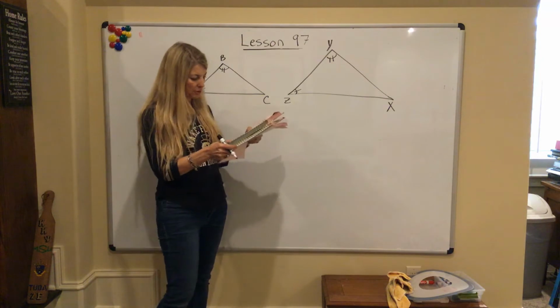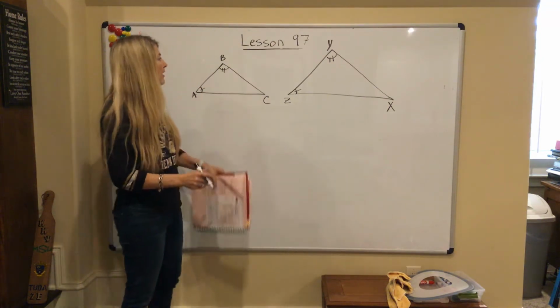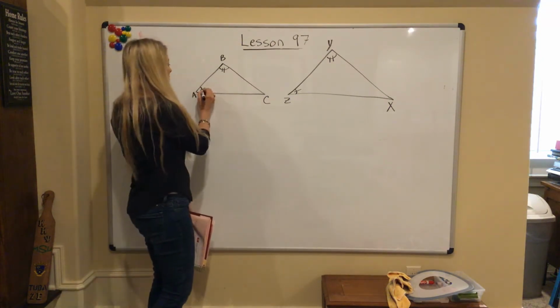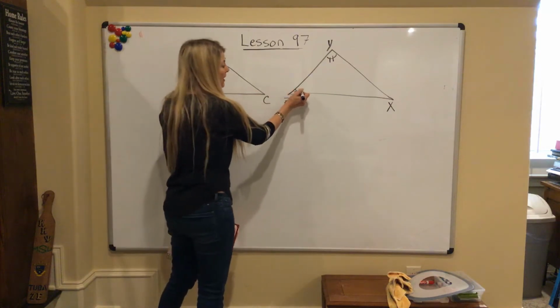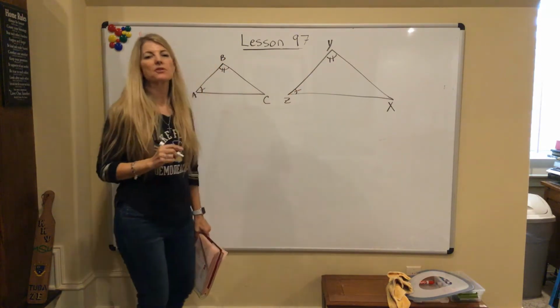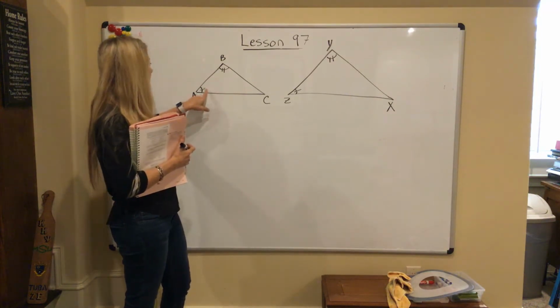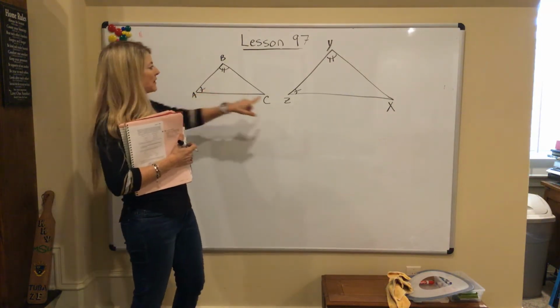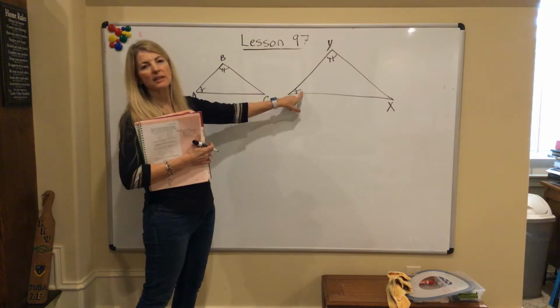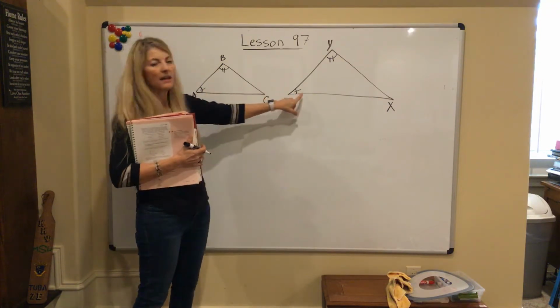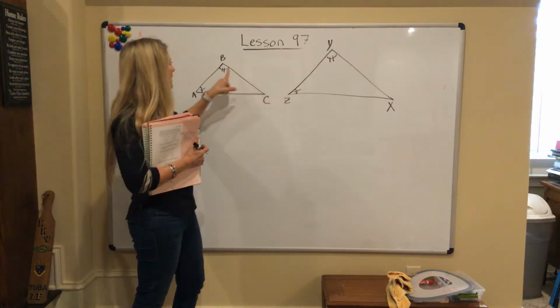First thing with similar triangles, we often use tick marks to show that two measures are equal. So angle A has one tick mark here, angle Z has one tick mark, so the measures of these angles are the same.